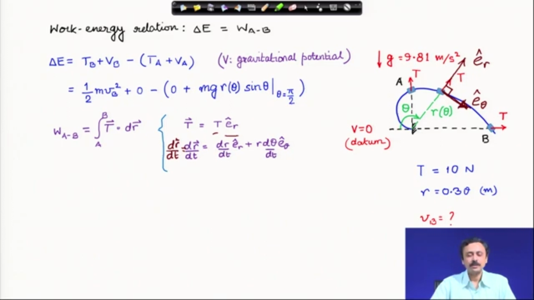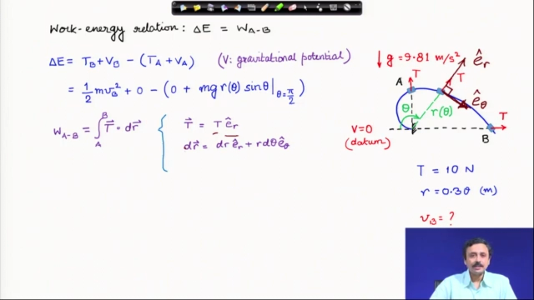These expressions we have seen in kinematics. Therefore, I can remove this dt and hence dr vector must be equal to dr ER cap plus r d theta E theta cap.